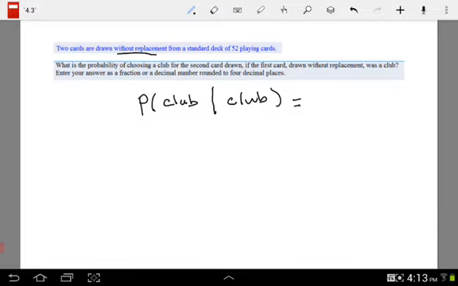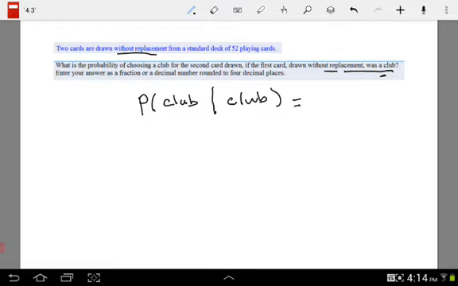Notice, most of these you can really do without the complicated formulas, just by using a little common sense. Since we're not doing it with replacement, if the first card drawn was a club, that means one of the clubs is out of the deck.